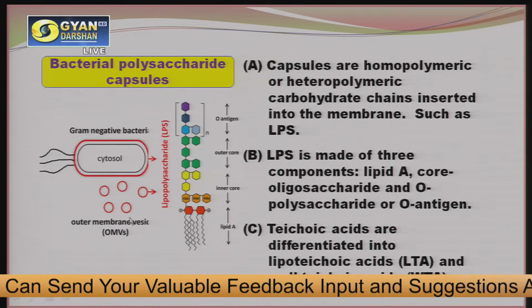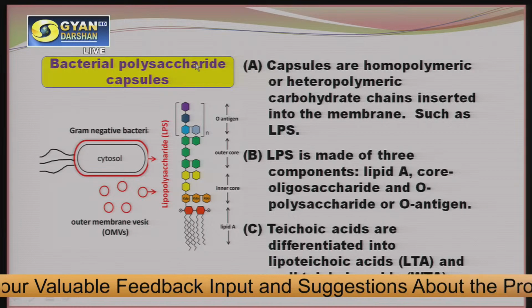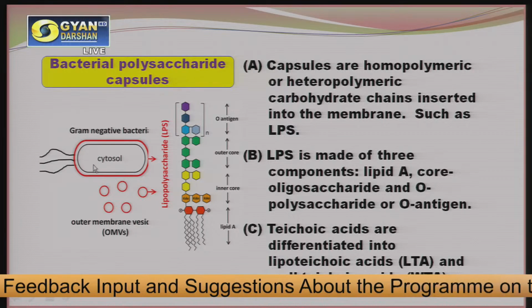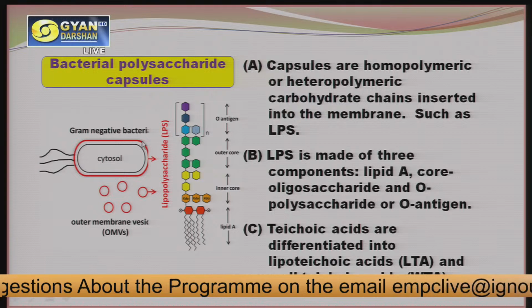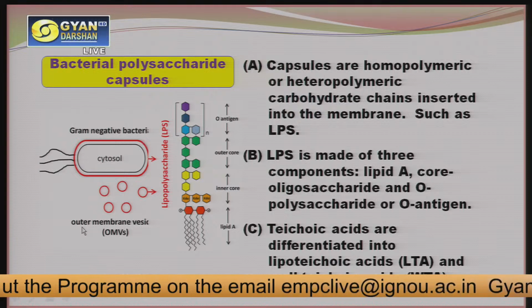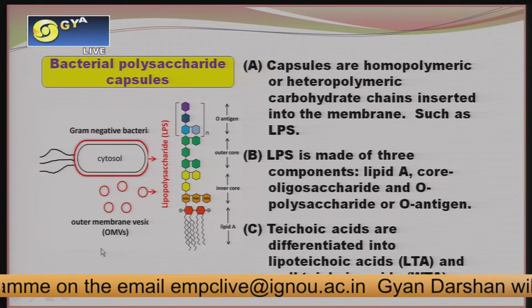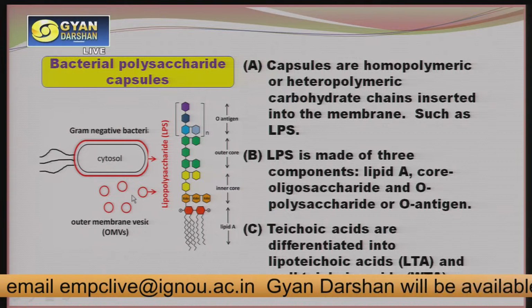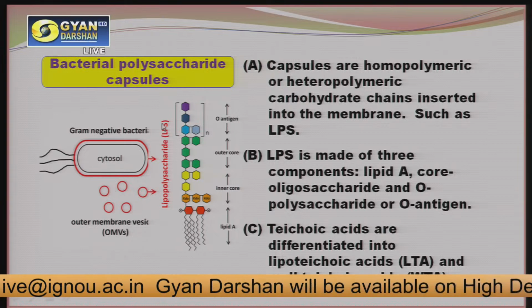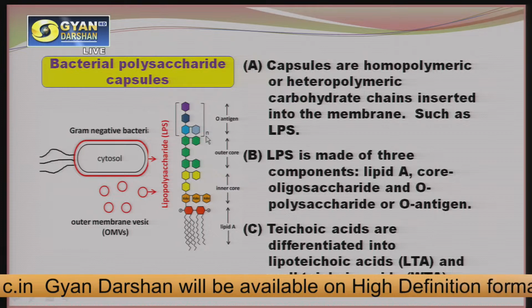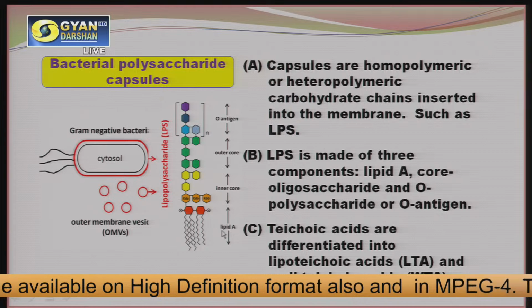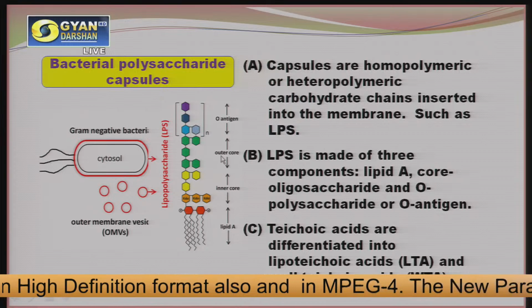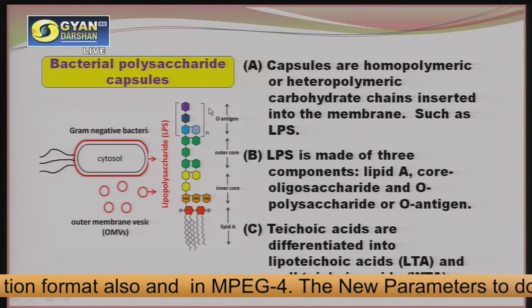You can see in this figure the bacterial polysaccharide capsule. It is a bacterium with its cytosol, a gram-negative bacterium with an outer membrane. Here is the lipopolysaccharide, and you can see its structure: lipid A, inner core, outer core, and O antigens.